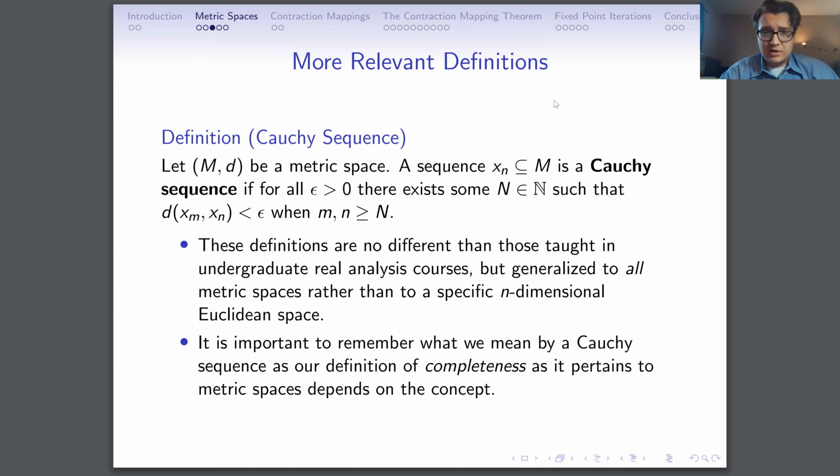And like I said, these definitions are really no different than those taught in undergraduate real analysis courses, but we need to make the distinction that this is for metric spaces in general, rather than just R^n spaces, or rather specific n-dimensional Euclidean spaces. Because again, you might not necessarily know that the metrics or the sets would be the same. And so whenever we're talking about Cauchy sequences, it's important to remember this, because we'll sort of base our definition of completeness for metric spaces on this concept, right?